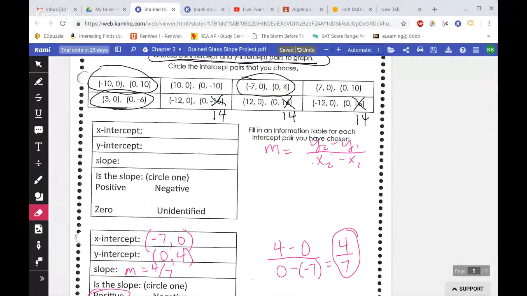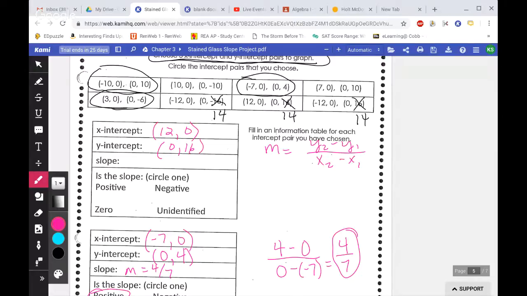Okay, and Eli, you wanted me to do which one, honey? I know it was one of the 16 ones, but which one? 12 and 16. Okay, so the x-intercept is the 12, 0, and the y-intercept is the 0, 16. Did I write it correctly? Yes, ma'am. Okay, so they were both positive.